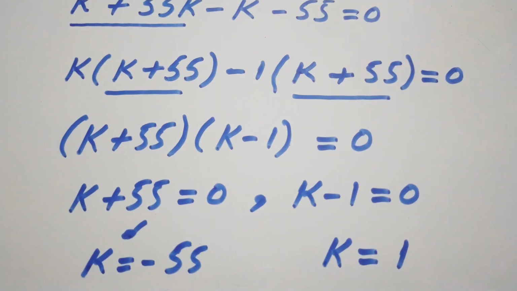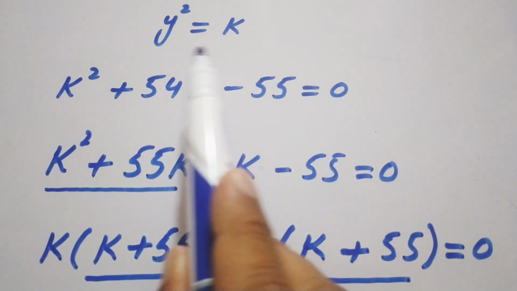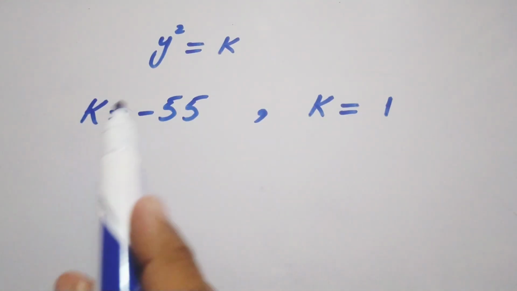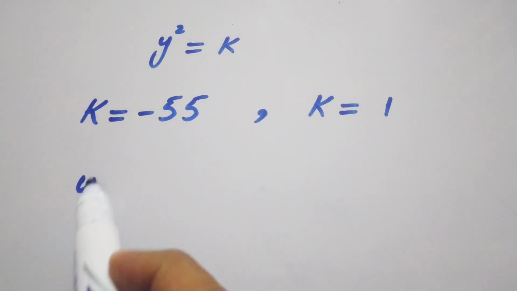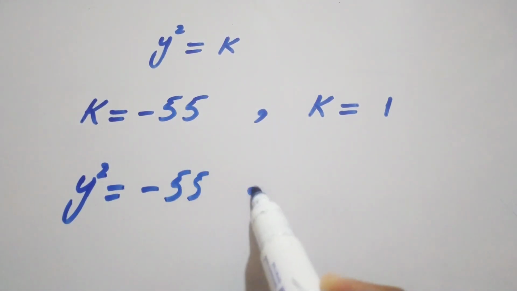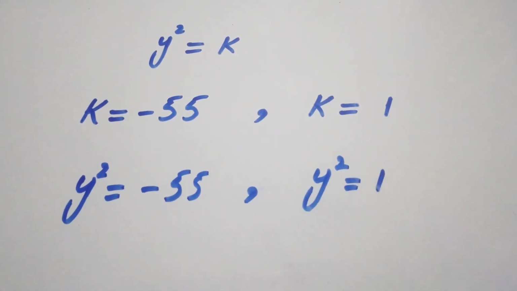Now recall that k is equal to y squared. So in the place of k, we will write y squared is equal to k, which is negative 55, and here y squared is equal to k, and k is 1.